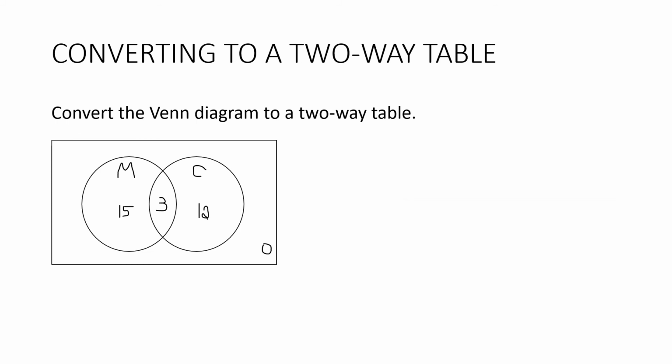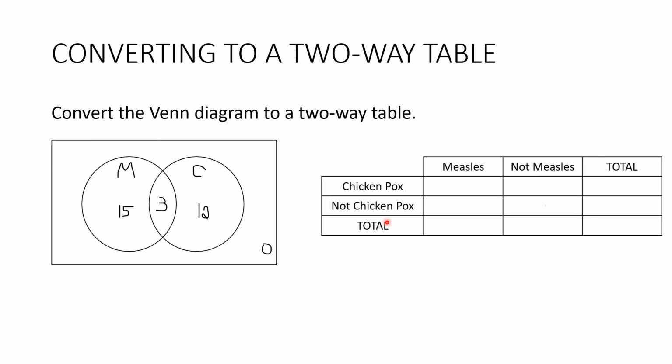All right, let's see if we can go the other way. Convert the Venn diagram to a two-way table. So this Venn diagram is about measles and chickenpox. So you can see here's my first attribute, chickenpox, not chickenpox. And here's the second one, measles, not measles. By the way, you can have these in the other order if you want. That's fine. Just like you can have these in the other order.